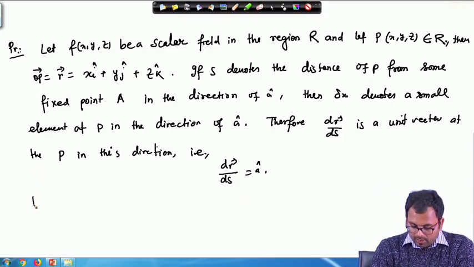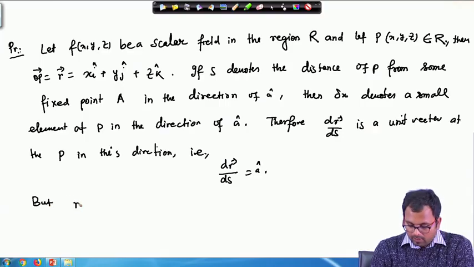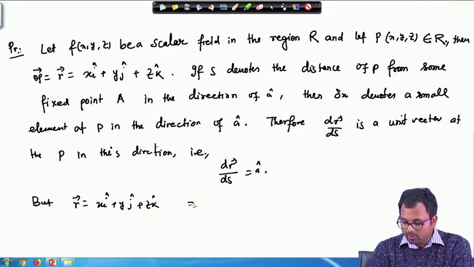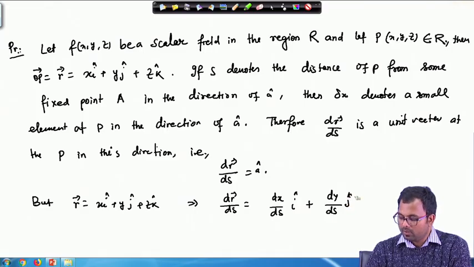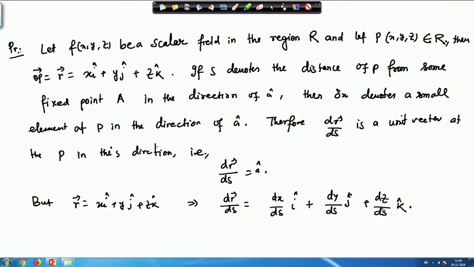But our r is equal to x i plus y j plus z k. So from here our dr ds will be dx ds times i, dy ds times j, and dz ds times k. All right. Now, our gradient of f times A cap, what is this?